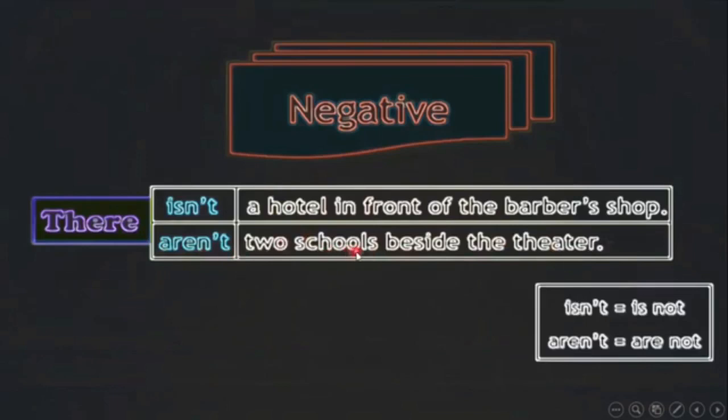Schools here is a plural noun, okay? After there is and there are in the positive sentence we use singular noun after there is and plural noun after there are. And also in negative sentence, after there isn't we use singular noun, and after there aren't, we use plural noun.